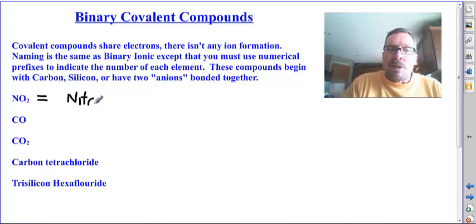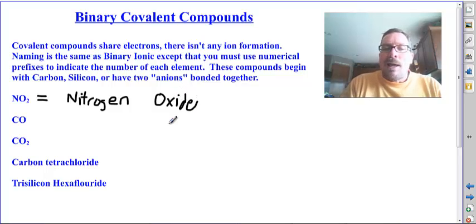The first element is nitrogen; just name it as I did for binary ionic. The second one is oxygen, and again, just like with binary ionic, I change it to an ide ending. So it becomes nitrogen oxide.